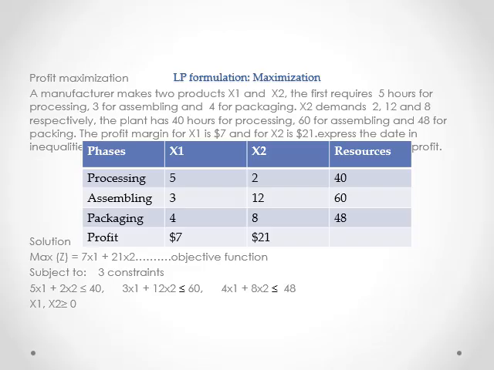So the total quantity of x1 and total quantity of x2 in phase 1 should not cost us more than 40 hours.